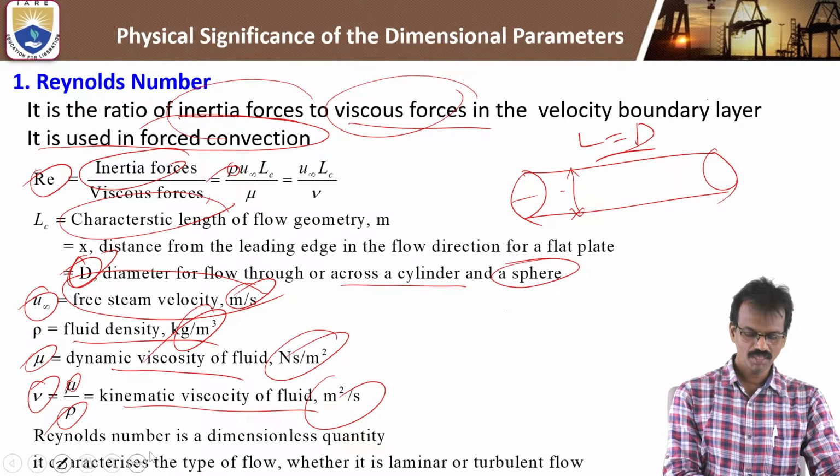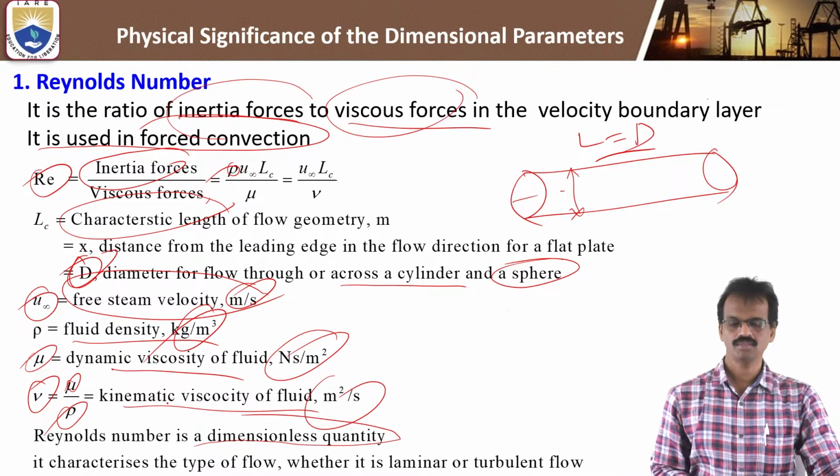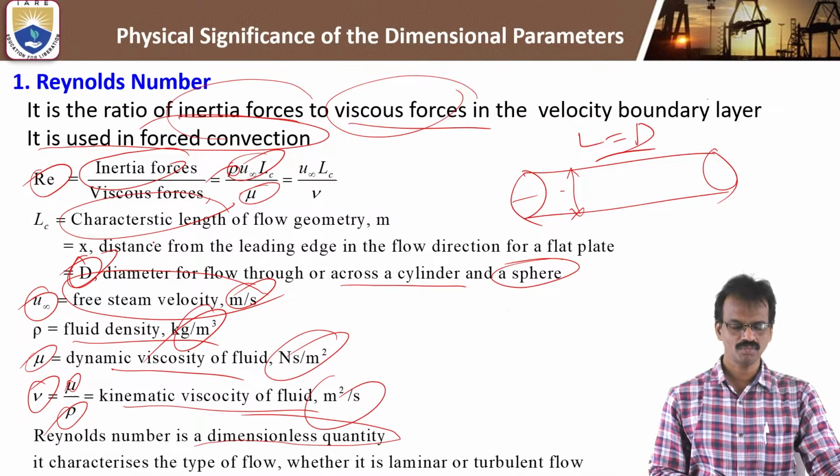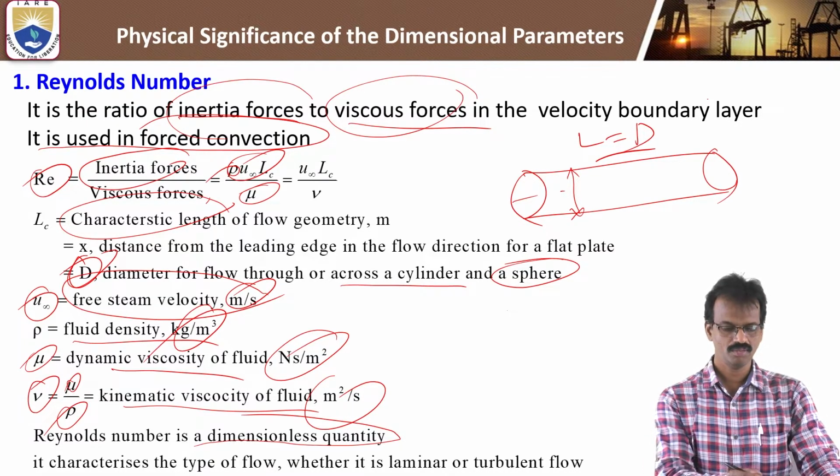So Reynolds number is a dimensionless quantity because the numerator units are equal to the denominator units.